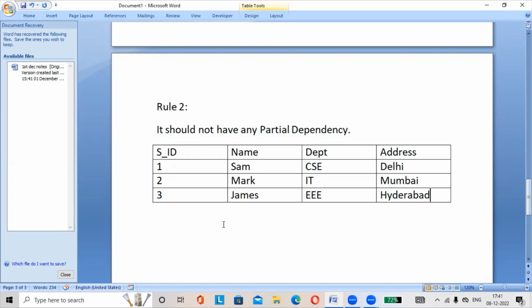Even if student names are the same. See, here is student ID 4: student name is Sam, he belongs to EC department, he lives in Chennai. So here the student names are the same, student ID 1 and 4, but we can easily extract the data.